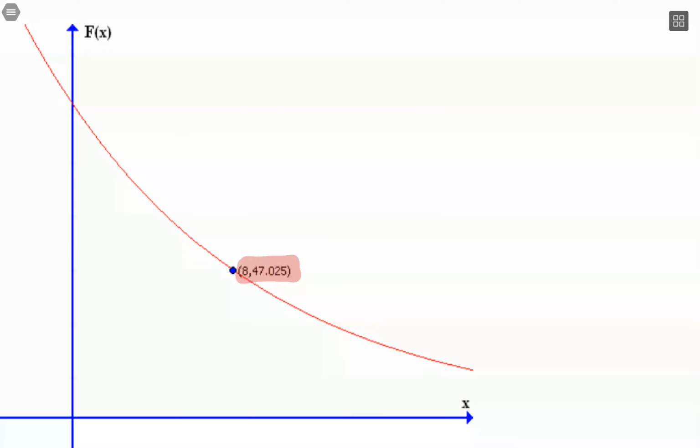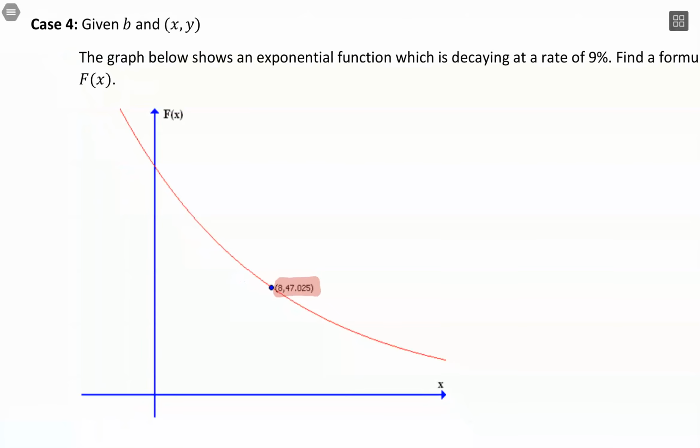Let's say it's a decimal and go with that. So our value for b, and actually they gave us r, but that's the same thing as giving us b. So b, it's decaying, so we have 1 minus, and at a rate of 9%, so 0.09, which is a 0.91.